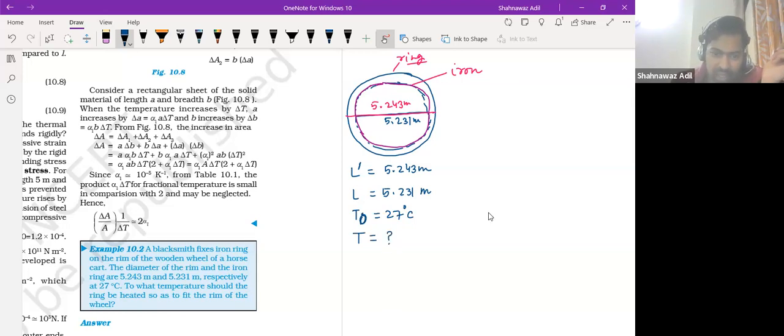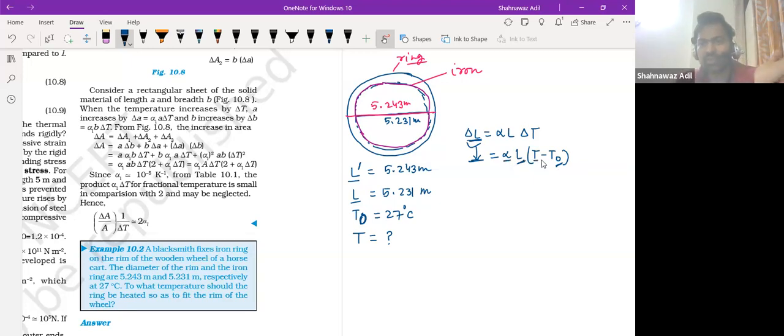Because we know L prime and L, we can calculate delta L, and delta L is alpha L delta T, where delta T is T minus T naught. So we know this, and we have two unknowns.